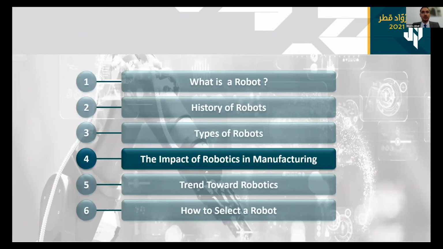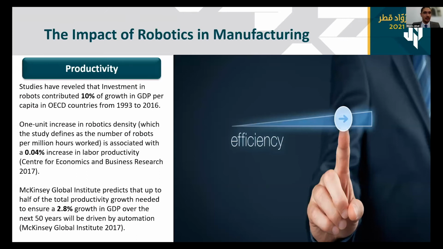Going now to understand the impact of robotics in manufacturing. So basically, we have a variety of robots, a variety of utilization, a variety of applications of robots, but one can ask, what's the impact of adopting robotics in our daily manufacturing life?